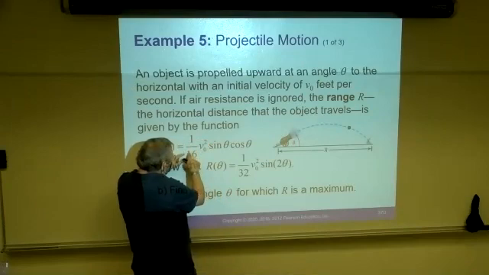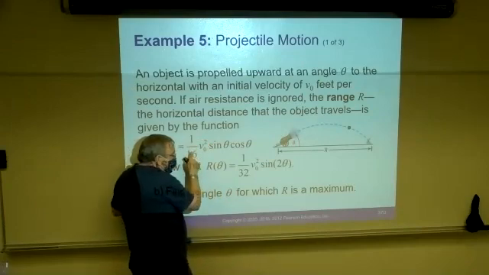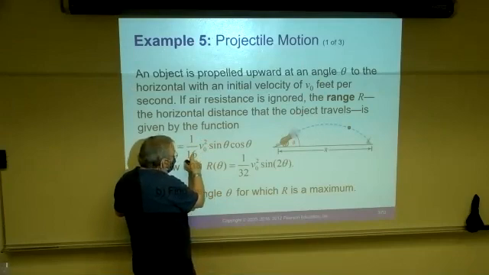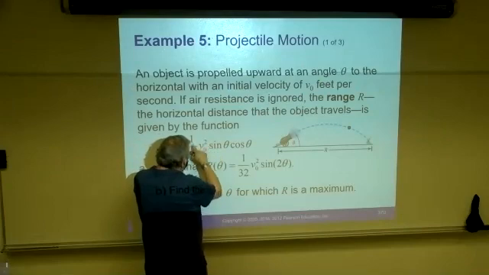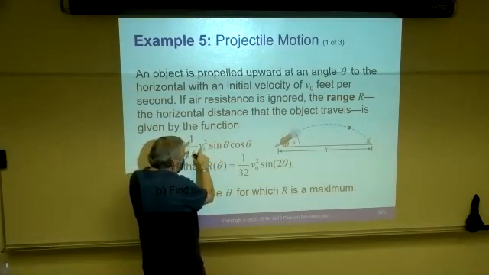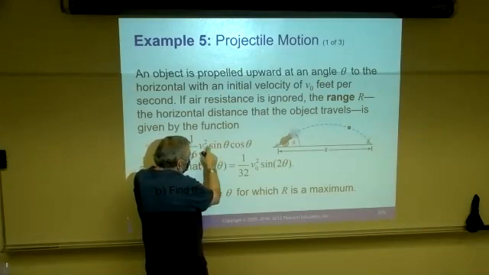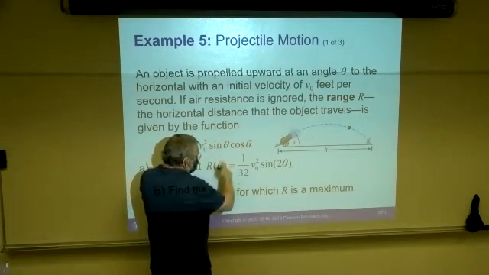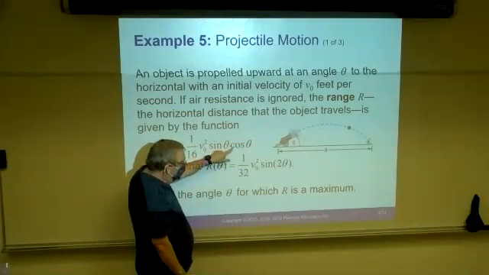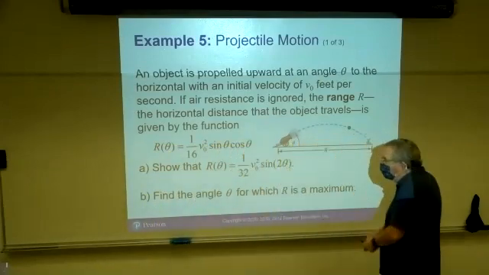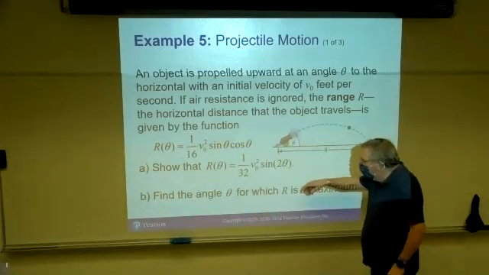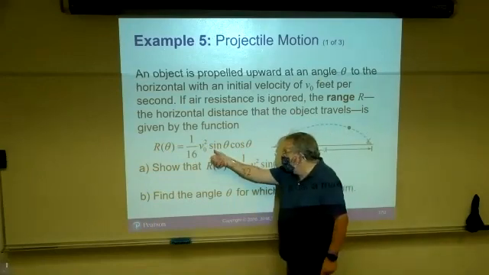So if I make this be 2/32, then this becomes 1/16 times 1/32 times v squared times 2 times this, which is sine of 2 theta. So that's just manipulating the fraction so I can get a 2 as a coefficient of this thing.